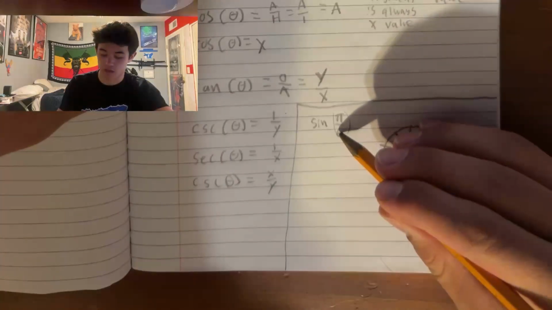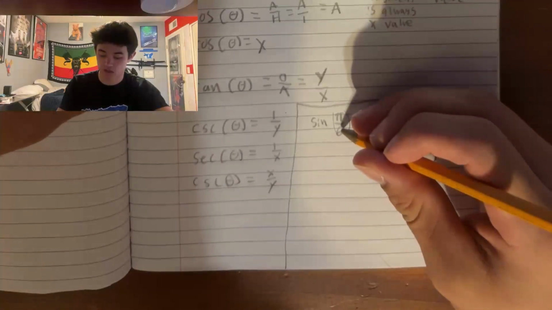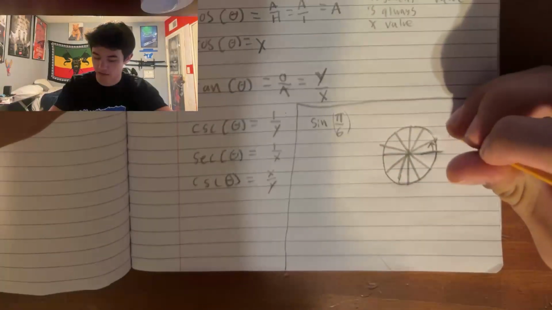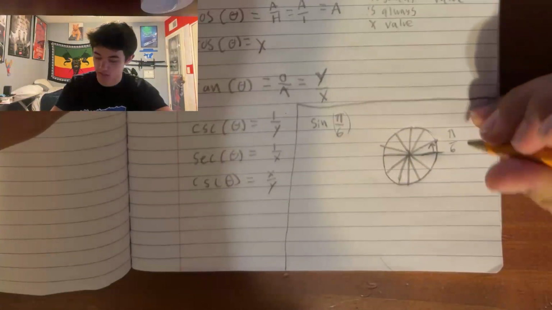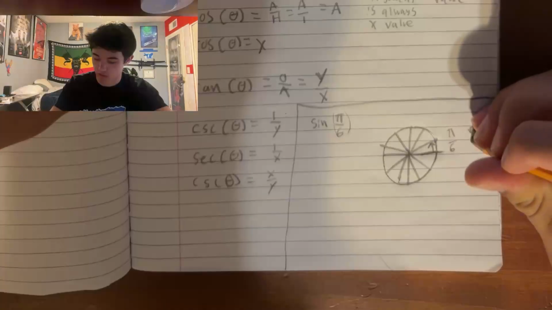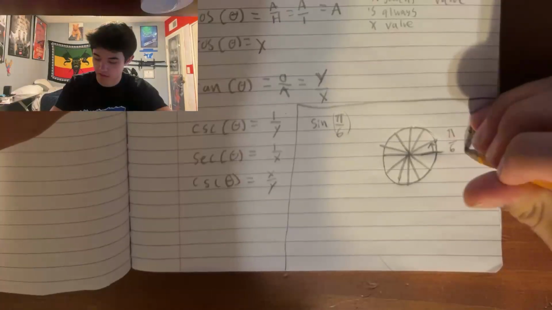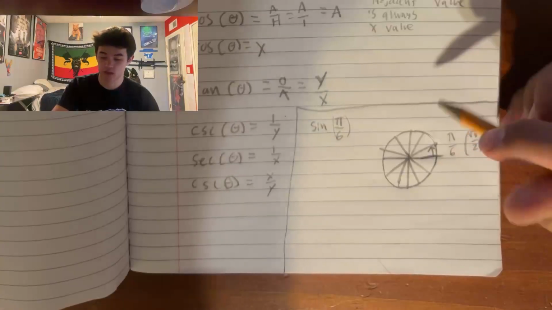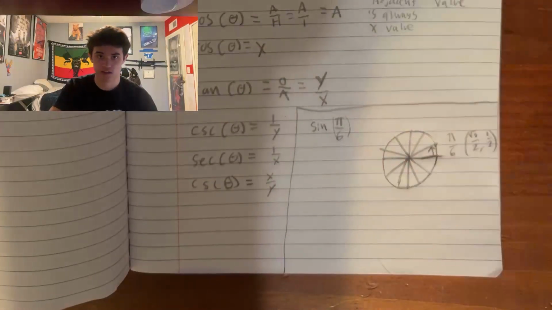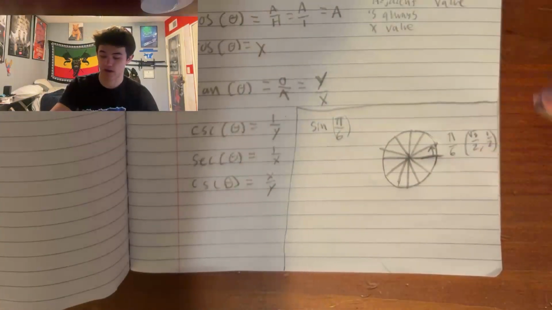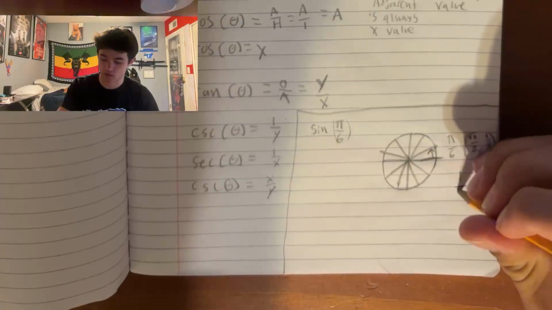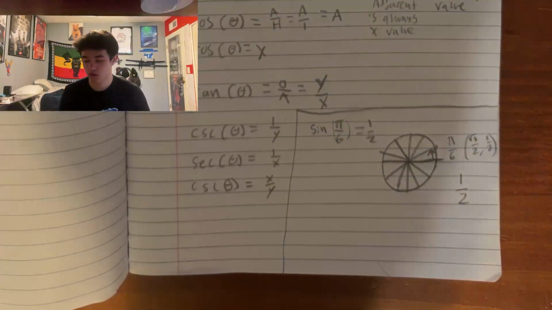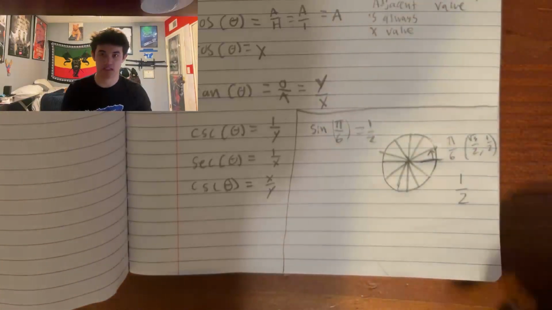So 3 times 2 equals 6, so we know at pi over 6 the coordinate is going to be root 3 over 2 and 1/2. Since we're in the positive quadrant, these will both be positive. Then we're looking for the sine, and since sine is just the y value, the y value is 1/2. So this is equal to 1/2. Pretty simple.